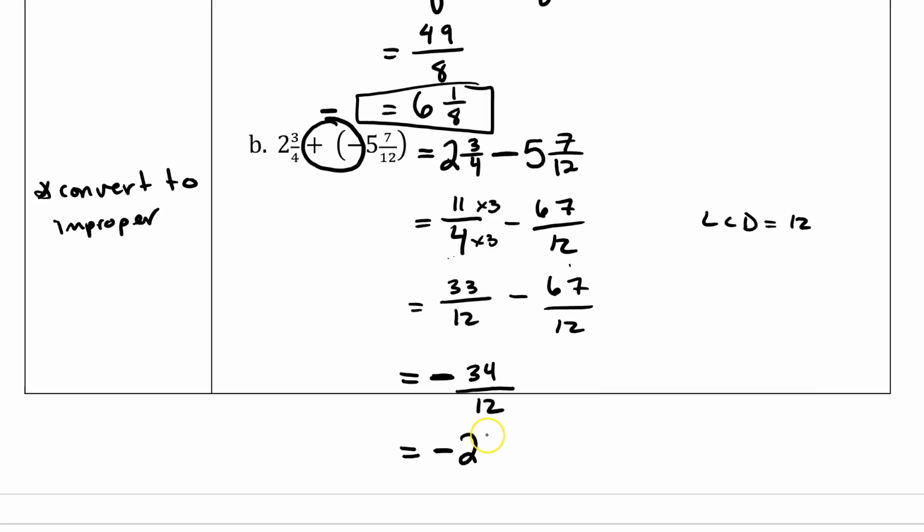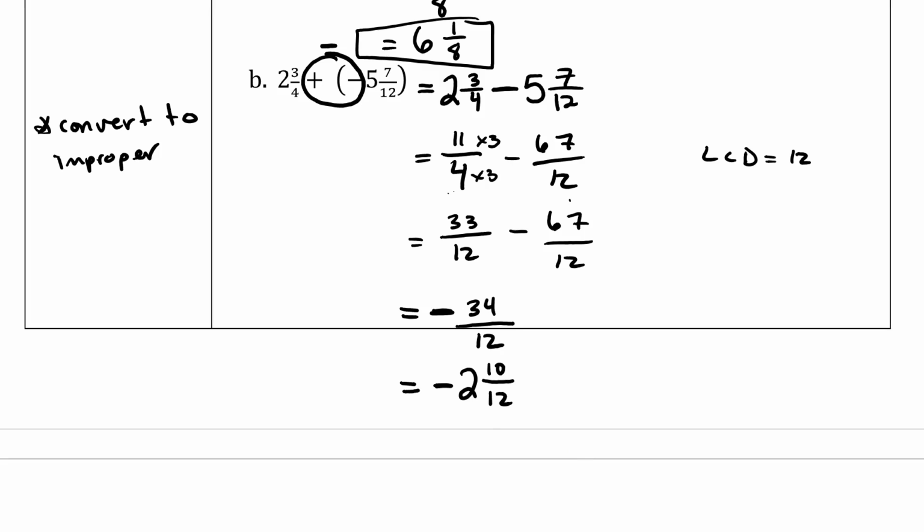What's left over is 10, because 2 times 12 is 24, and 34 minus 24 is just 10 over 12. I want to get this into a mixed fraction, but I also want to make sure that it's in lowest terms. So it's going to be negative 2 5/6. I'm going to put a box around it because I like my teacher.